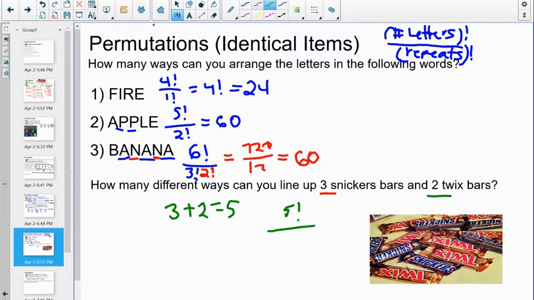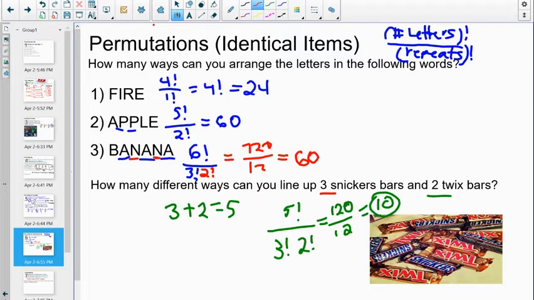We have 3 Snickers, so 3 factorial, times, and then how many identical Twix bars do we have? 2 factorial. And that is going to equal 120 over 12, which is 10. So there are 10 different ways you can arrange those 3 Snickers and 2 Twix bars because they're identical.